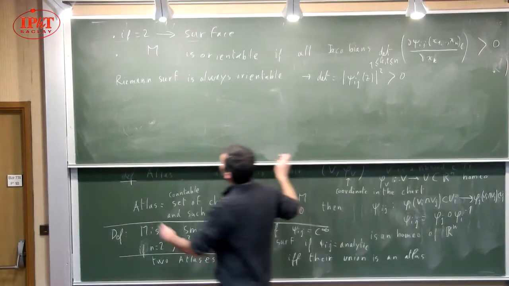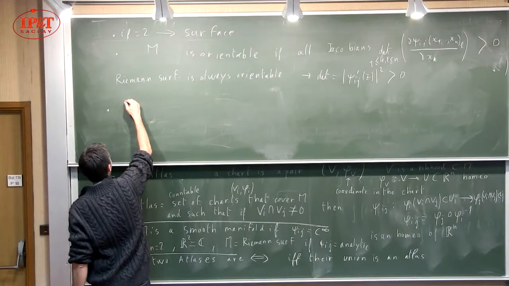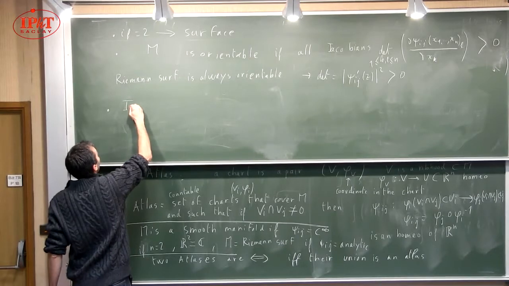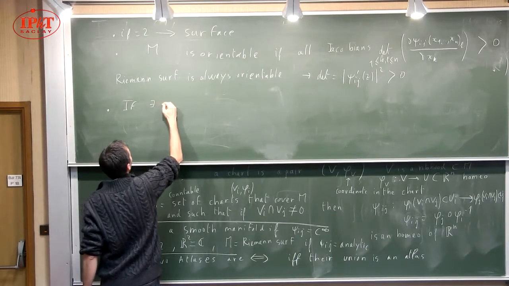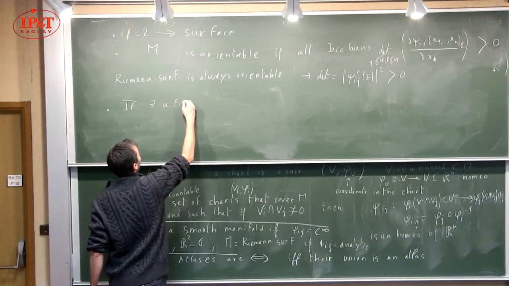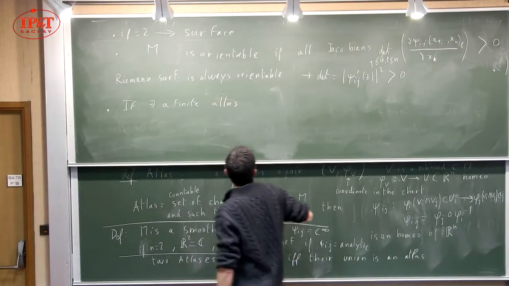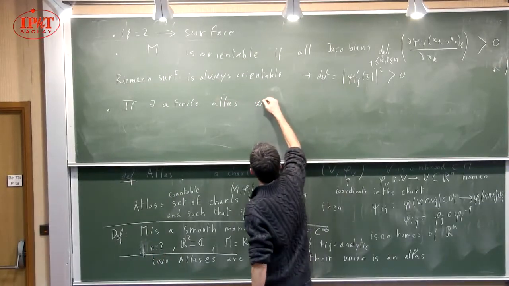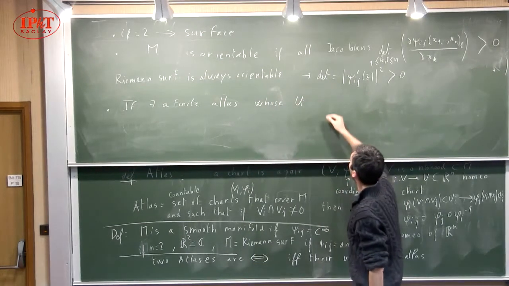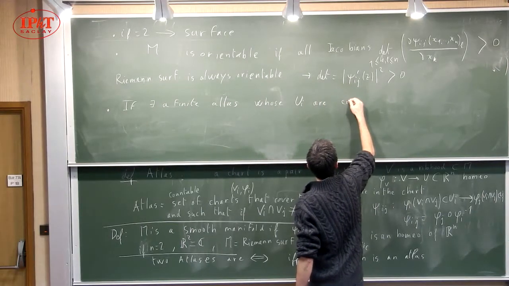Yes, another thing, compact. So let me take as definition of compact: if there exists a finite atlas whose charts Ui are compact.